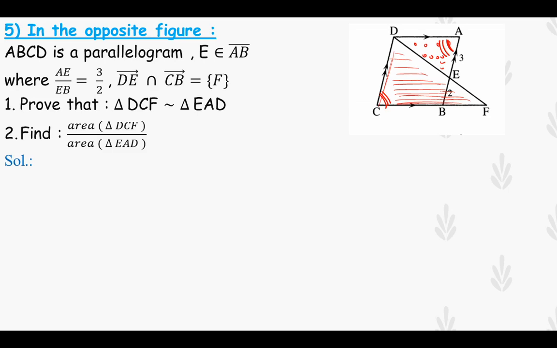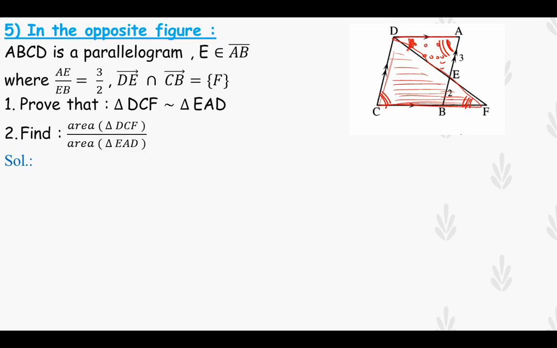And you know that measure of angle D also equals measure of angle F, alternate angles. We know that AD is parallel to CF and DF is the transversal, so this is a Z shape. Now we have two angles in the first triangle equal to two angles in the second triangle: A equals C, opposite angles, and angle ADE equals angle DFC, alternate angles.